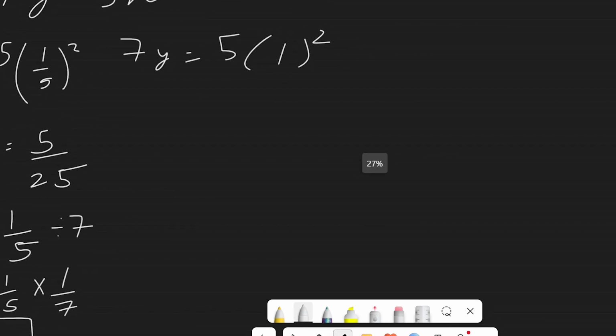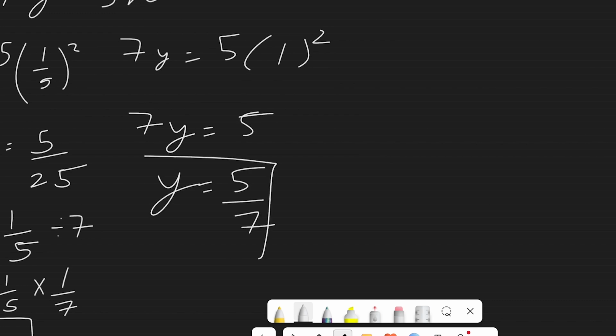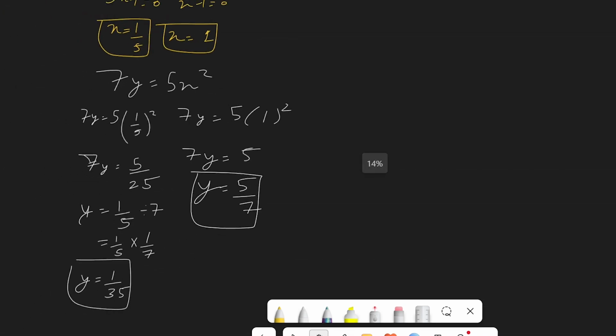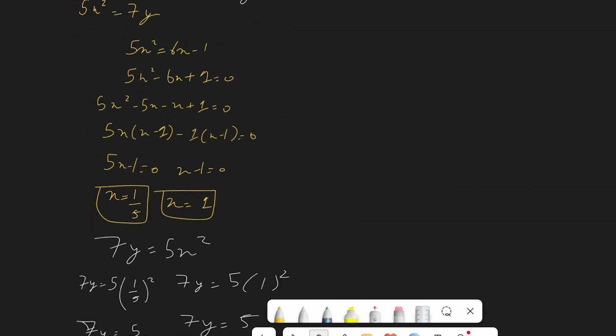Next, for the other x, it would be 7y = 5, and y = 5/7. So now that we have these two values, we need to see if both these values are valid for the equation.